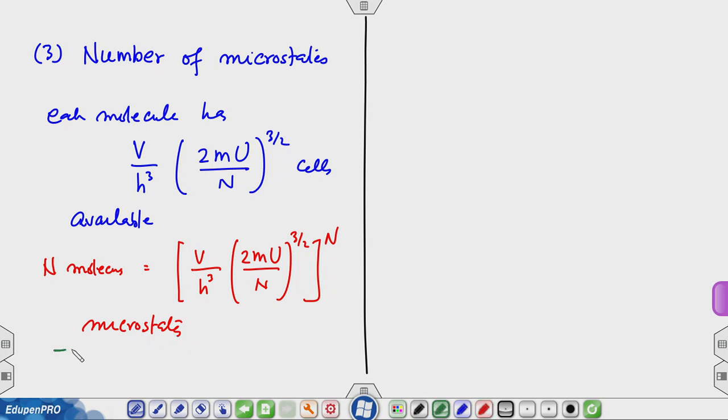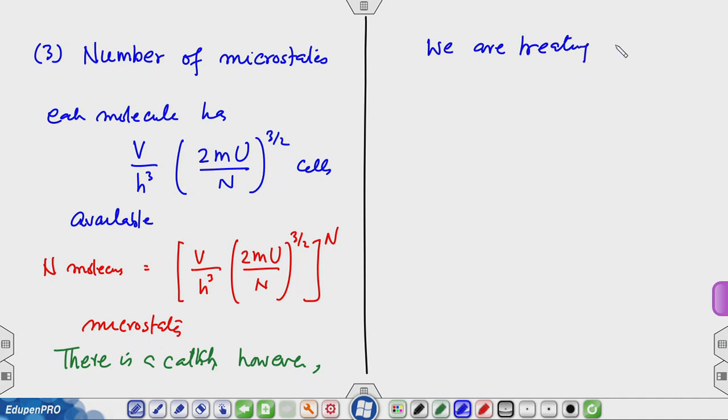There is a catch, however. And what is the catch? The catch is that we are treating molecules as distinguishable.